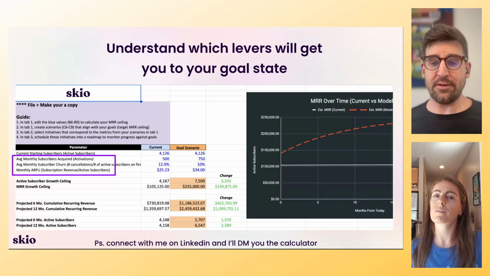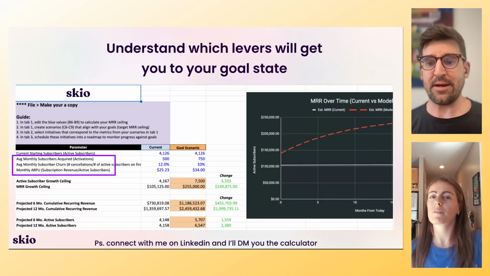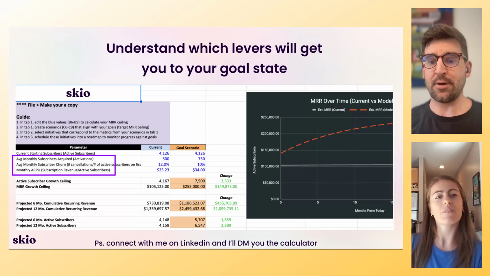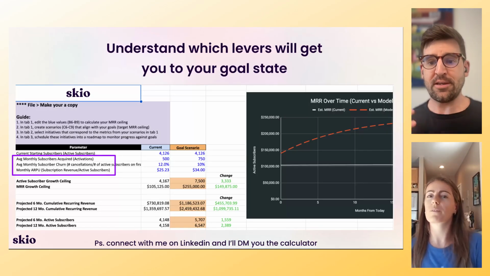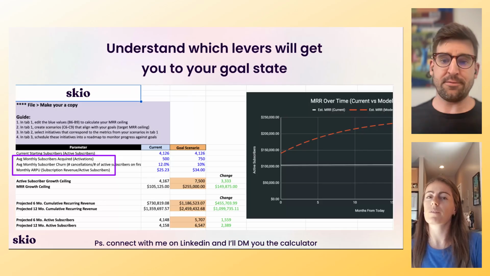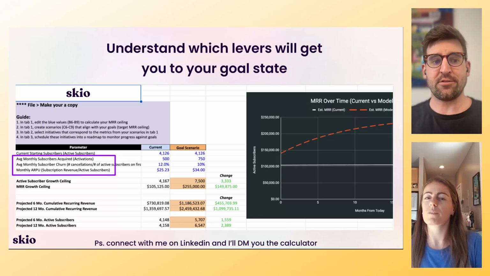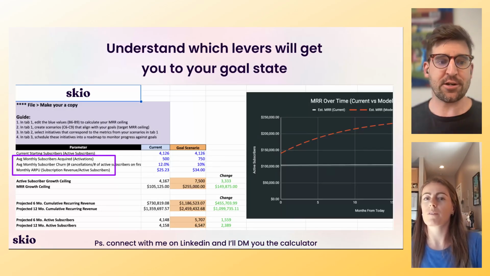I actually pull out this spreadsheet. I call this my MRR calculator. MRR, again with the acronyms, stands for monthly recurring revenue. So when you're thinking about all of your subscribers in the business, your direct-to-consumer company, all of those customers are generating recurring revenue for you, typically measured in this MRR metric.